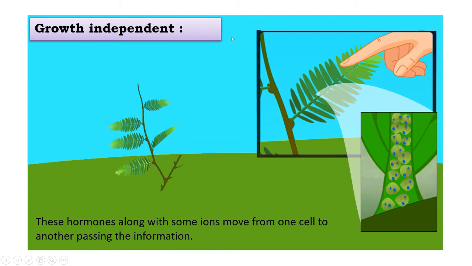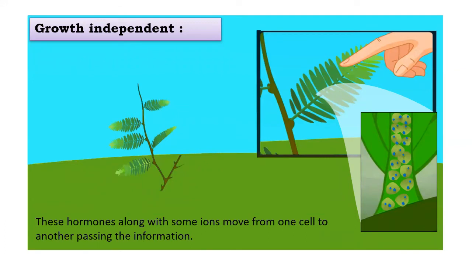If you have observed, even if you touch a certain region of a leaf, not only that region but the entire part shrinks. So how do the other leaves come to know that the neighboring leaf has been touched?